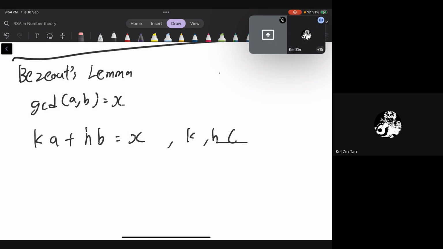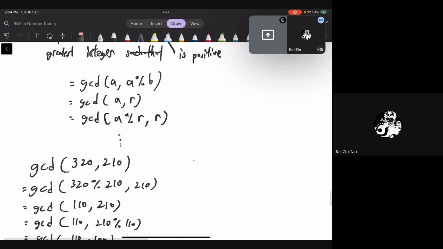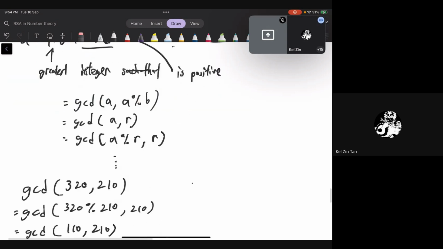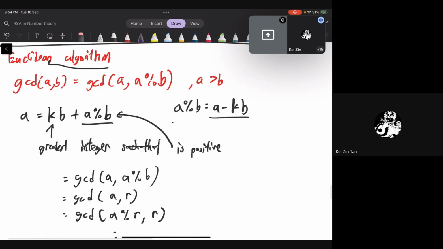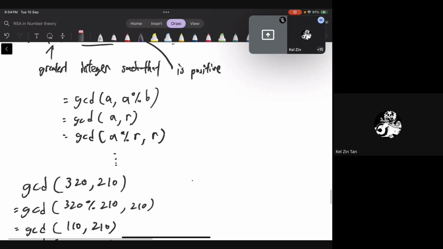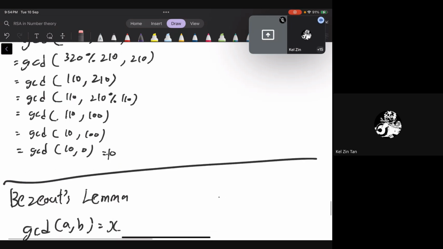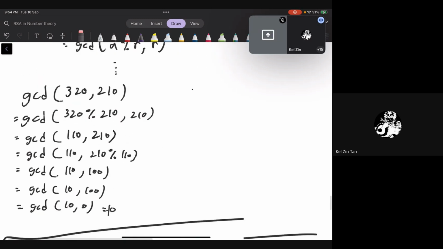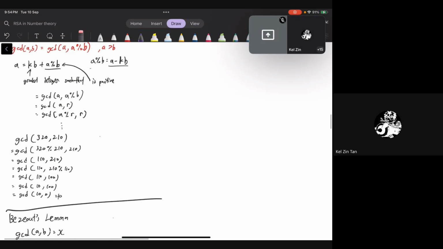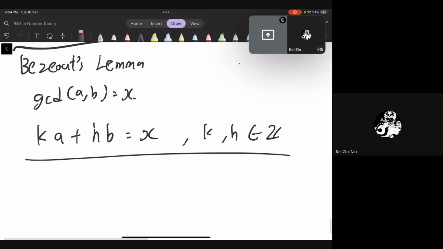K and H are integers. And the way that this is proven is by using the Euclidean algorithm. So notice that what you get in the end here is just some integer combination of the original two numbers. And then you can push it backwards, which we call the extended Euclidean algorithm.